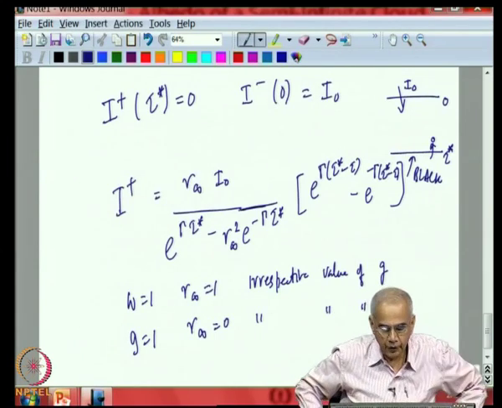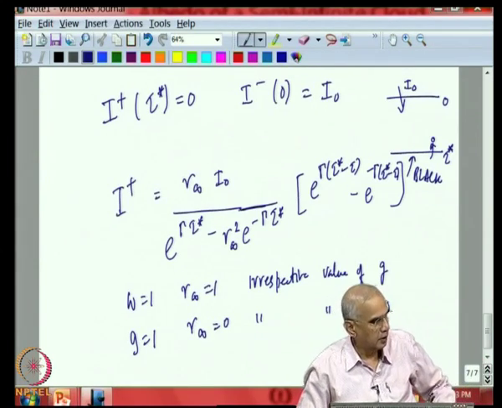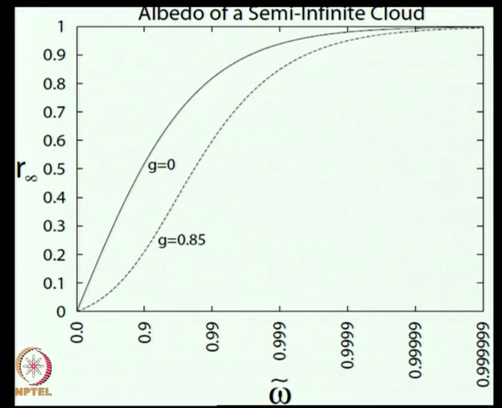Now, some of the results we obtained here can also be looked at in terms of figures. Here is the albedo or the reflectivity of a semi-infinite cloud, that is, tau star is very large, as a function of the single scattering albedo on the x axis on a log scale, and R infinity is this parameter.